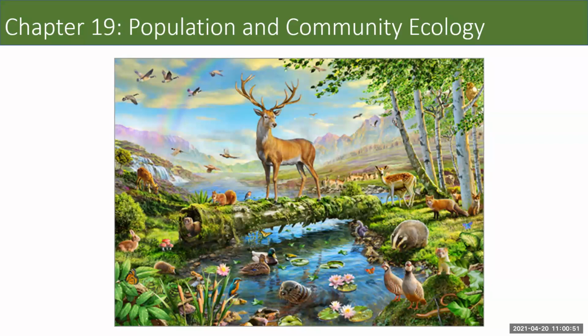So we've talked about the diversity, how the diversity arose. Now we're going to look at how that diversity interacts with one another on a regular basis, and how they can influence one another. Because like we see in this image here, one ecosystem is made up of multiple different species, right?